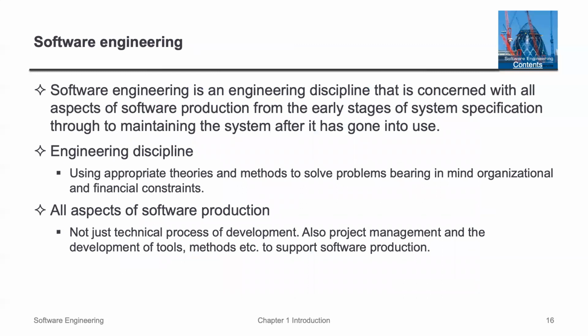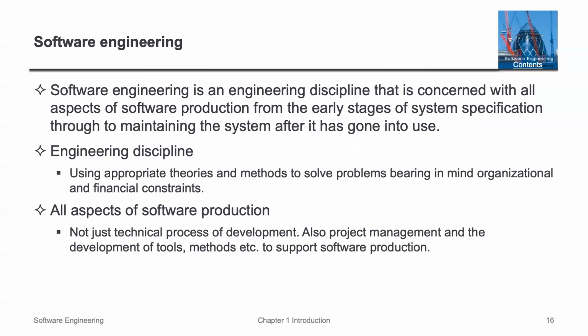In terms of some more thoughts on the general roles in system engineering, software engineering is an engineering discipline that is concerned with all aspects of software production, from the early stages of system specification through to maintaining the system after it's gone into use.